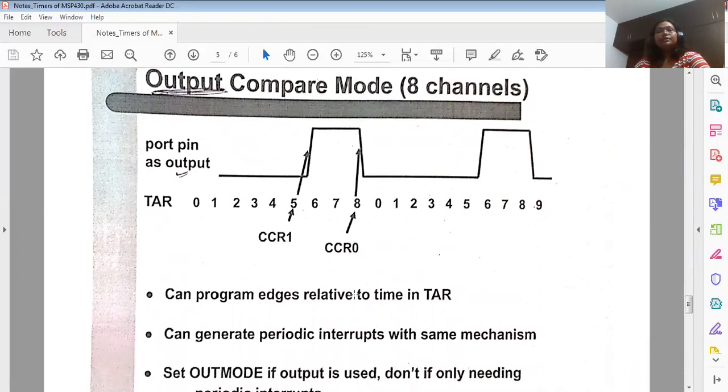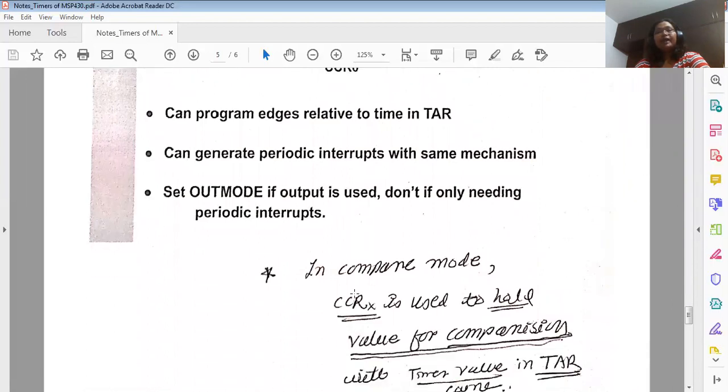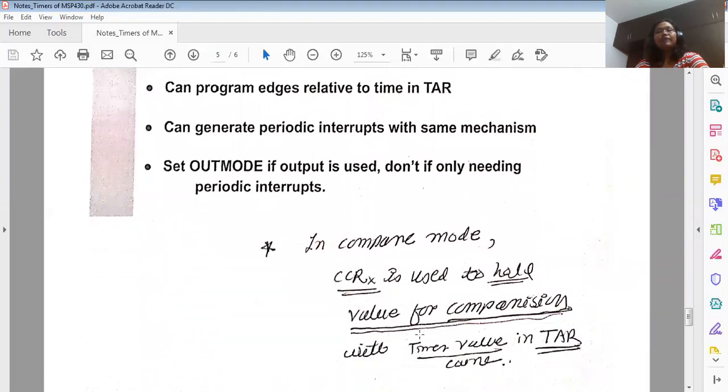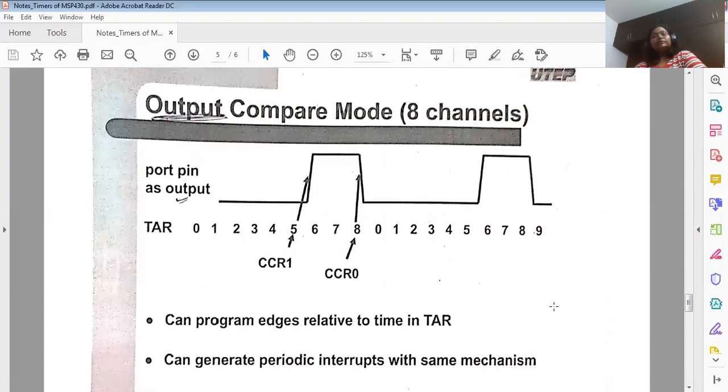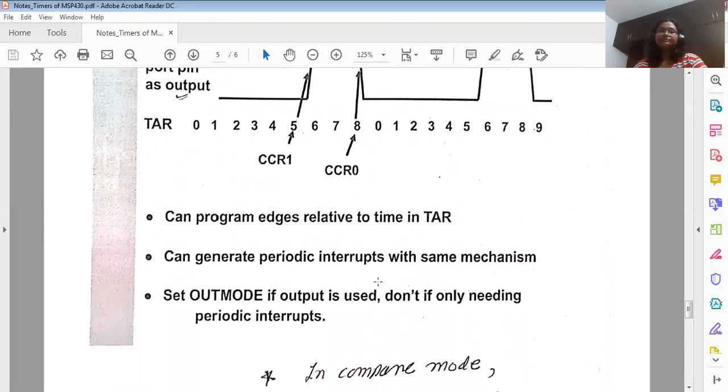Okay, so in compare mode, it is used to hold the value for the comparison. So the count with which you want to compare the output, that value is stored in the capture compare register. So the use of CCR in compare mode and in capture mode is different.